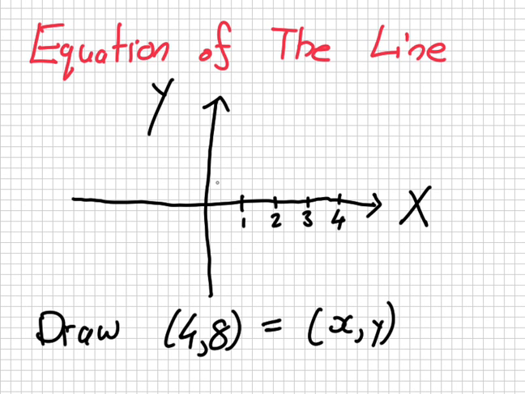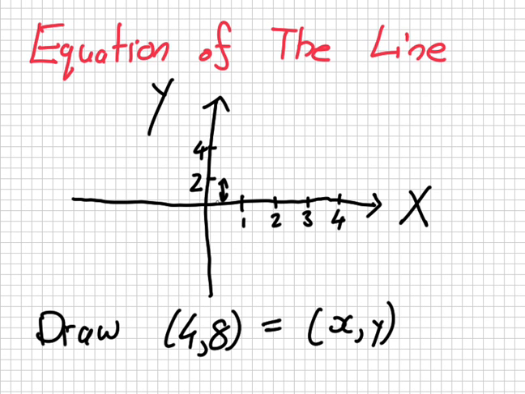Okay? But please be very careful. The units on the x need to stay the same, and on the y they need to stay the same, but they don't have to match each other. So for example, on the y I could go like this. 2, 4. You see, this is 2 units now. I don't need to keep it the same as the x. It can be different.